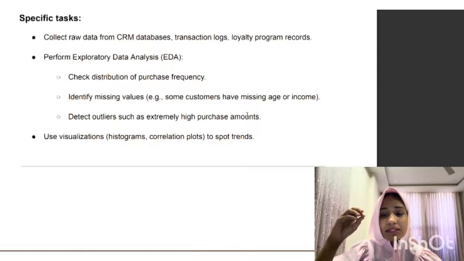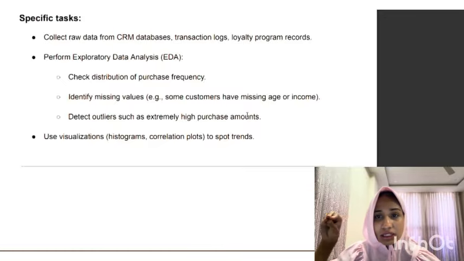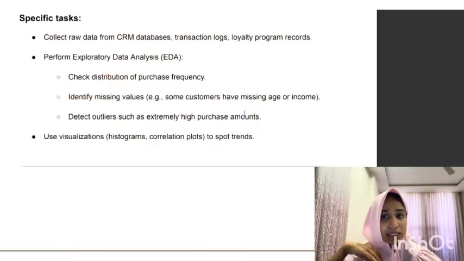For example, some customers have missing age or income, so we need to identify those missing values. Now detect outliers, such as extremely high purchase amounts.